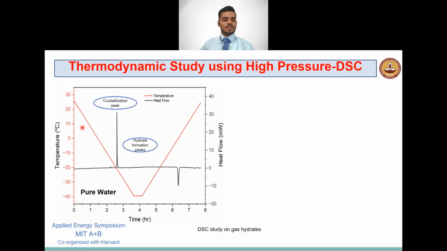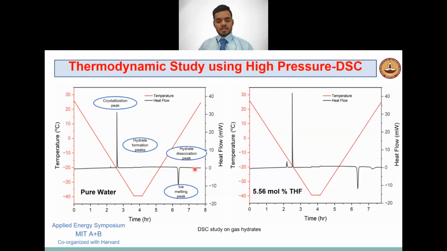Here we get these peaks: the largest peak shows the crystallization process, and these three smaller peaks are because of hydrate formation. And when we increase the temperature, a larger peak is observed for ice melting, and the other peak is observed for the hydrate dissociation.